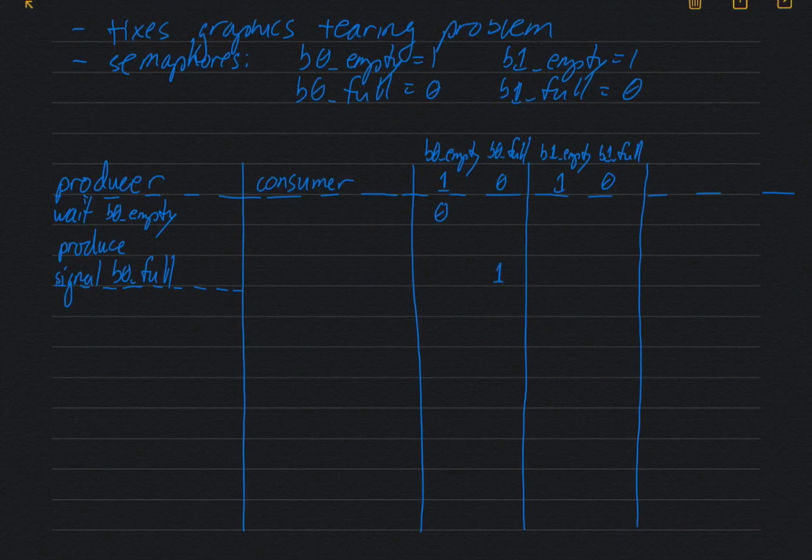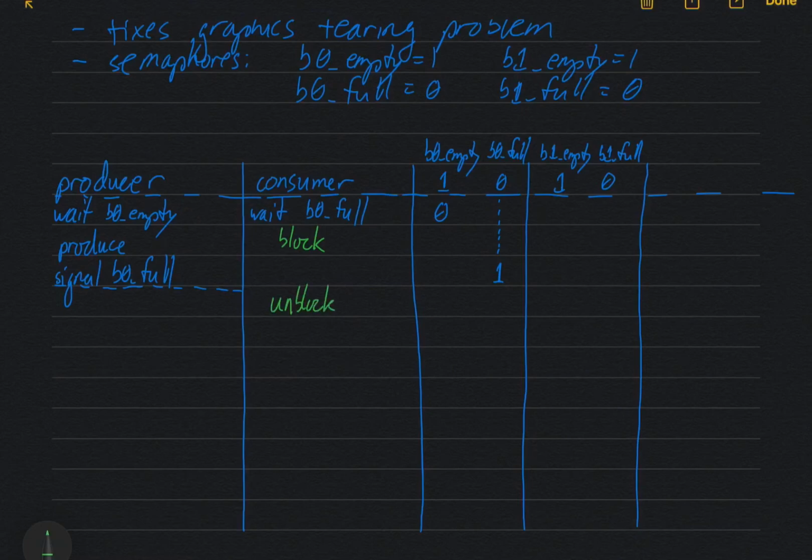Let's look at the consumer now. The consumer is going to wait on B0 full, and B0 full is 0 there, so it's going to block. Then after B0 full is incremented by the signal from the producer, it will unblock. I'm going to show it on separate lines.